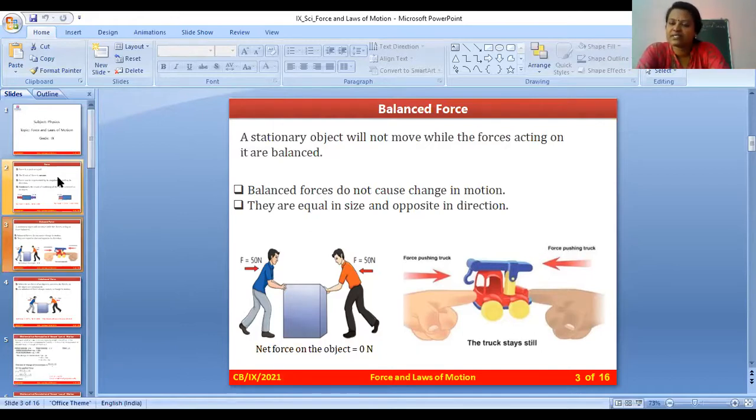This is because both the forces cancel each other, with their direction and magnitude. Here, the truck, if you see a force pushing the truck, on the other side also is pushing the truck. In both situations, you could see that the truck still stays still, that is, it is in a fixed position. Such examples we shall consider in balanced forces.